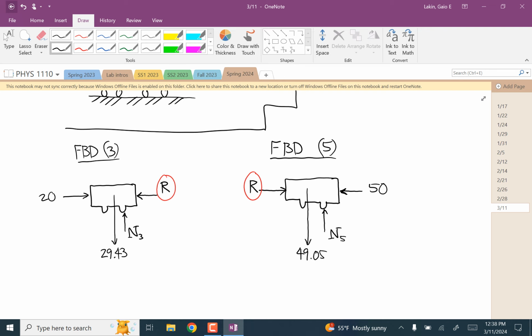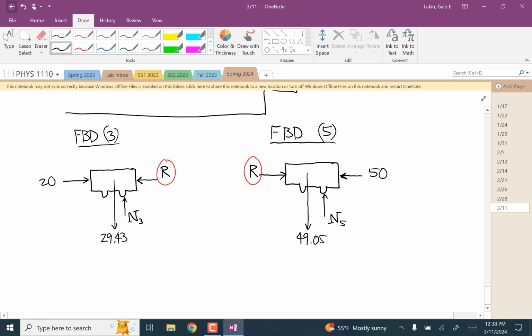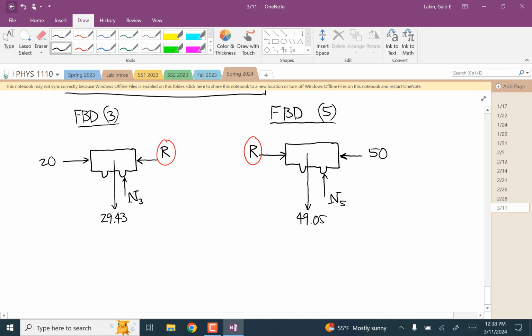Well, let me take these now and write out what F net would be based on all of these, okay? So F net for the 3 kilogram, that's just the sum of all these forces.